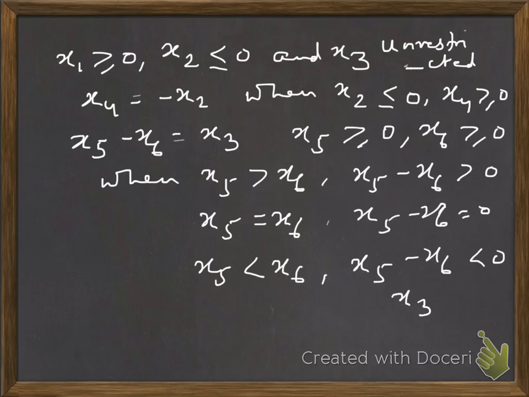The two decision variables x5 and x6 which we introduce to substitute x3 are greater than equal to 0. So if we make the substitutions x4 equal to minus x2 and x5 minus x6 equal to x3, we will get all the decision variables non-negative, and that meets our requirement.